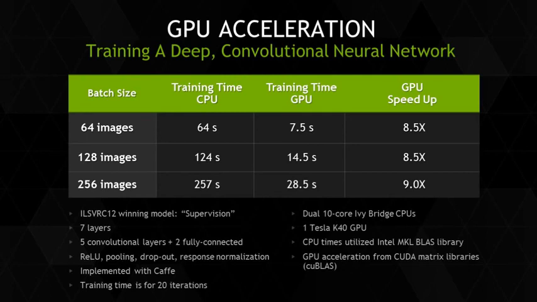We found that the GPU speedup was between 8.5 and 9 times for training those 20 iterations. The three examples here of 64 images, 128 images, and 256 images refer to a parameter you have when you train these networks, which is how many images you feed through the network at once. Choosing that parameter is a trade-off between speed of training and the memory usage of the network, but we found a fairly consistent GPU speedup despite that parameter choice.